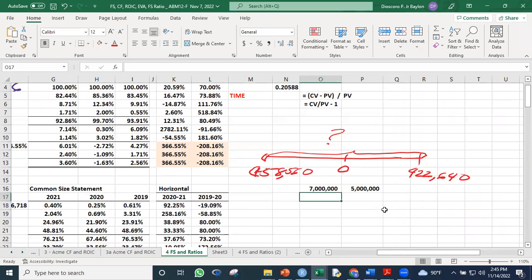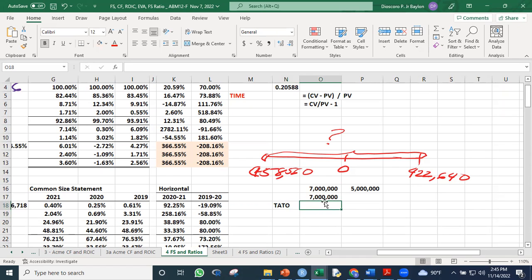For example, let's assume the company had to generate this 7 million in sales with assets worth 7 million also. So if you compute for the TATO, if you recall, TATO is your sales over your total assets.